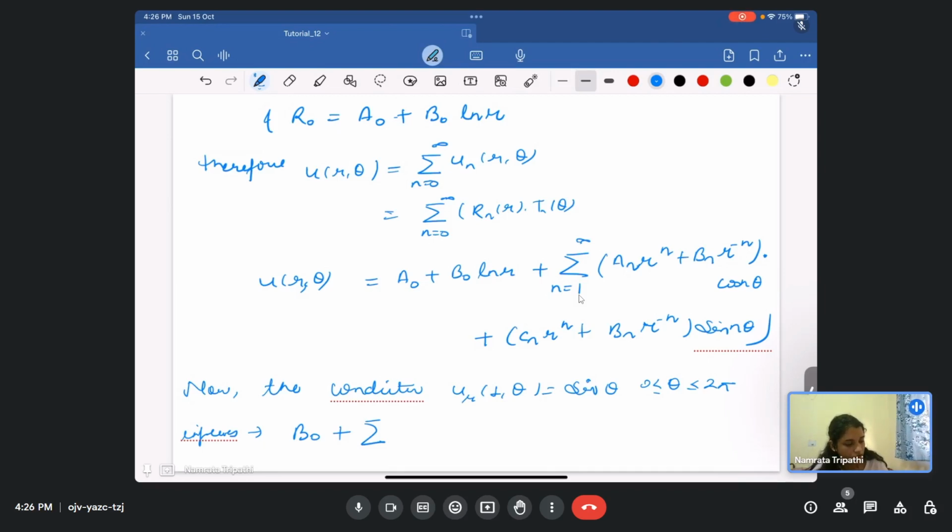Okay, so after substituting you will get an minus bn into n cos of n theta. Fine. And the second term cn minus dn into n sin n theta is equal to sin theta.